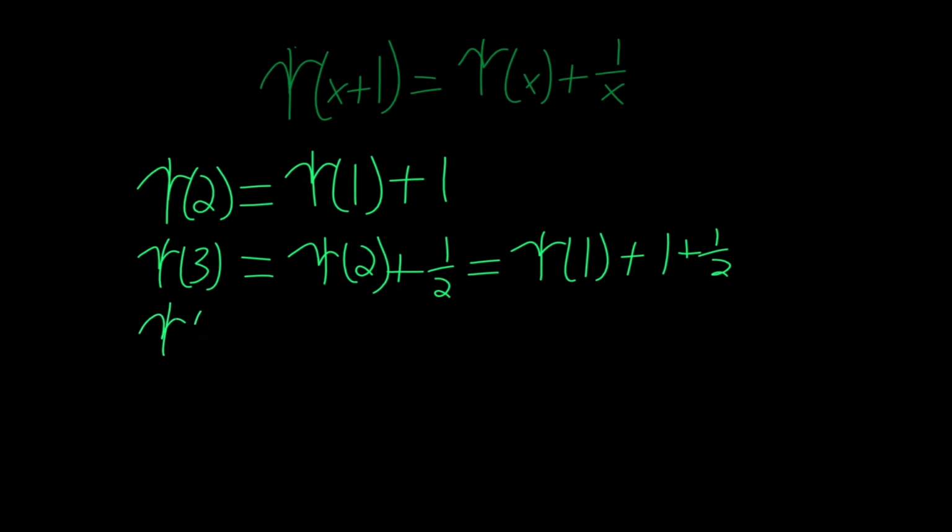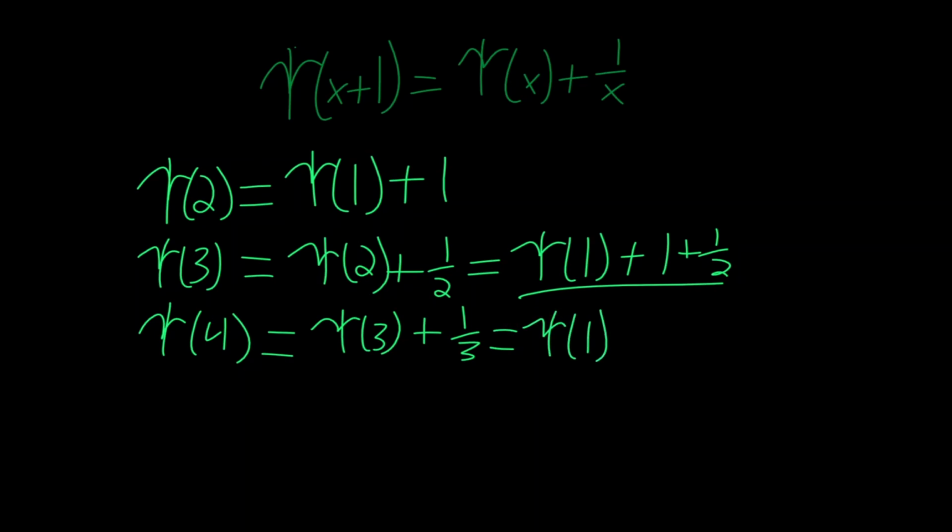And then for this next one, we have digamma of 4, which is equal to digamma of 3 plus 1/3, but we know that digamma of 3 is just all of this right here. So plugging this in, we see that we have digamma of 1 plus 1 plus 1/2 plus 1/3.